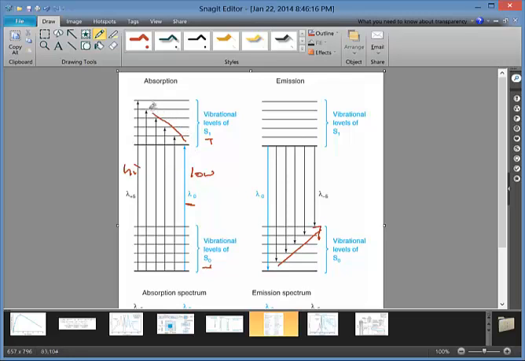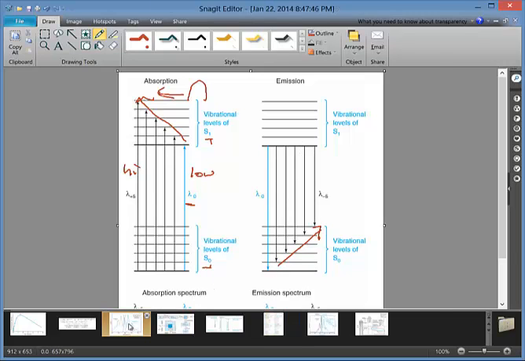Higher energies is lower wavelength, so here we would expect to see our main peak and then subsequent peaks at lower wavelengths for the vibrational energy differences. And we would expect to see the opposite for the emission spectrum.